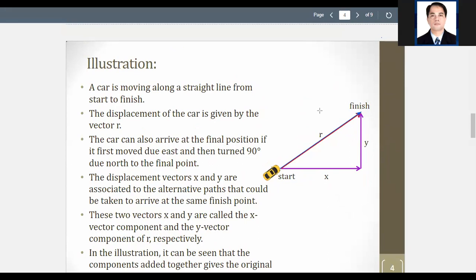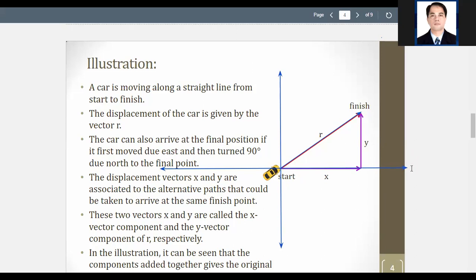Now, however, if we create an x and y plane for this car, let me draw an axis for this car. Let's say this is the north-south line, and then we have here the west and the east line.